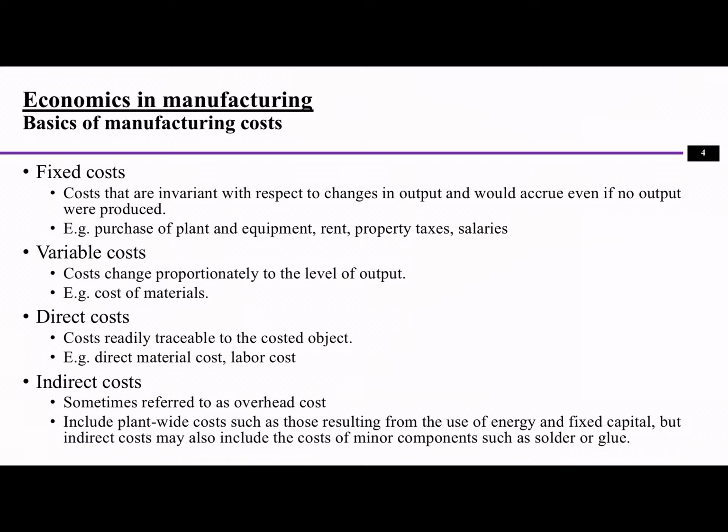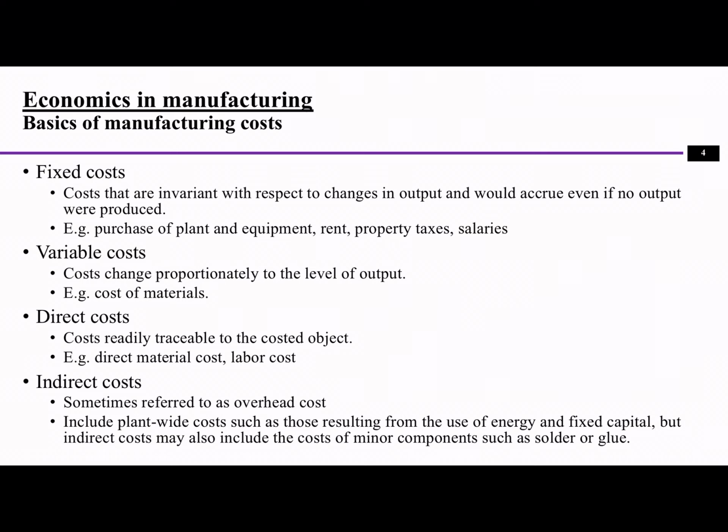For example, in the machining process, the more products you have to make, the more time you have to operate the machine, right? So that is related to variable cost. But the machine itself is a fixed cost.